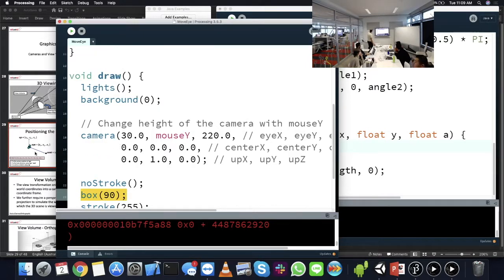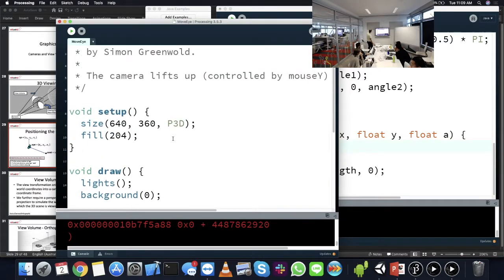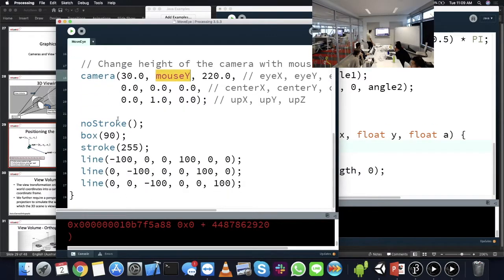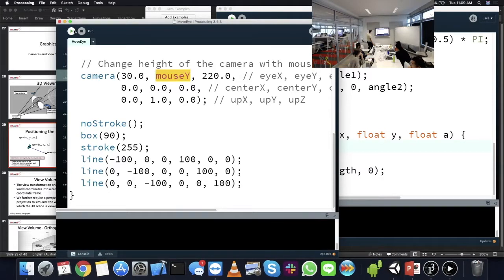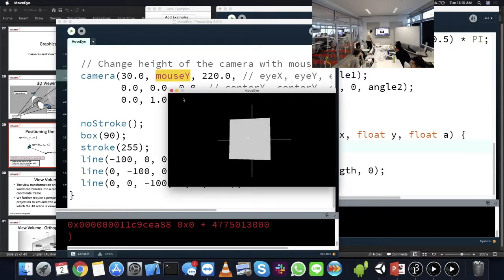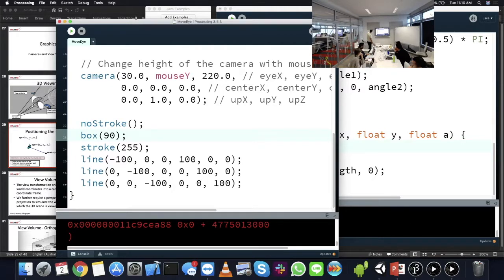The only thing moving is this camera function, whose second argument is the mouse Y position, and that's literally the only variable in the entire example. So the box is staying at the same position, and the camera is just moving up and down as we move the mouse. We're not moving any of the geometry, we're just moving the camera that is looking at the geometry.